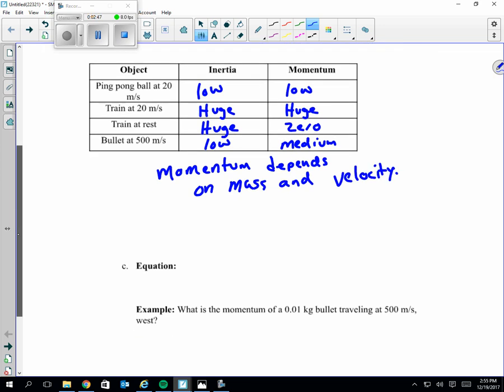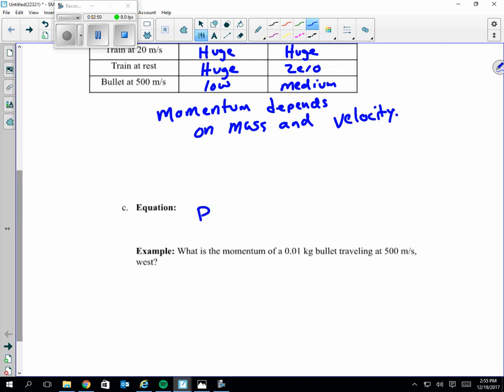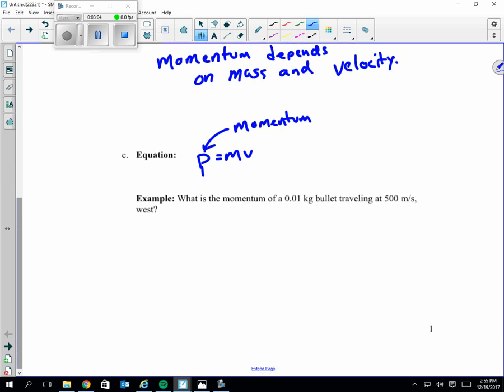And the way we're going to calculate it is p equals mv. Now p is momentum. They couldn't use m because m was already mass, so they picked p for momentum. So in our example, we want the momentum of a 0.01 kilogram bullet traveling at 500 meters per second. p just equals mv, 0.01 kilograms times 500 meters per second.